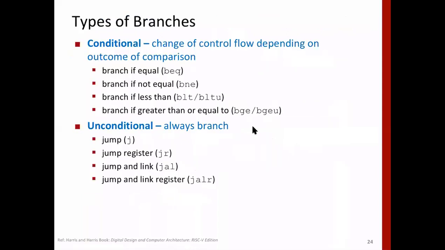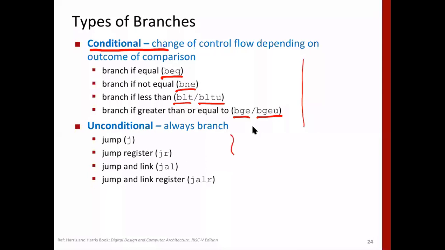These are the instructions we have studied. We have conditional branches: based on two register values, we take a decision and jump to a certain location. So we have branch on equal, branch on not equal, BLT and BLTU, branch on less than and branch on less than unsigned, branch on greater than or equal, and branch on greater than or equal unsigned.